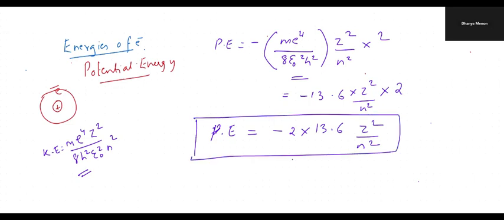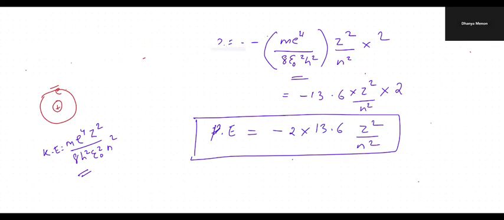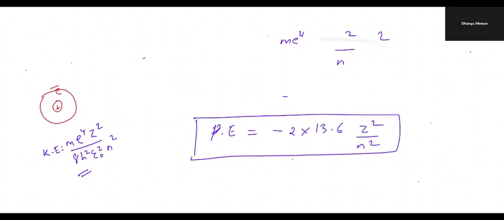So we have the value of kinetic energy and the value of potential energy. So can we find out the total energy now? Total energy will be potential energy plus kinetic energy.